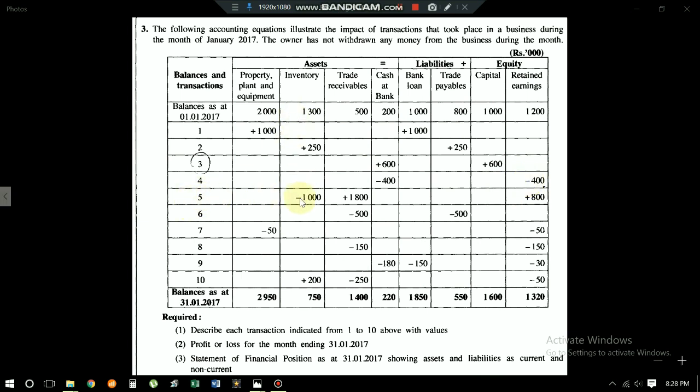Number 5, inventory gone down, trade receivables gone up, as well as profits, retained earnings, retained profits gone up by 800. My inventory can go down due to 3 reasons. Think practically. In your business, your stock can go down due to 3 reasons.